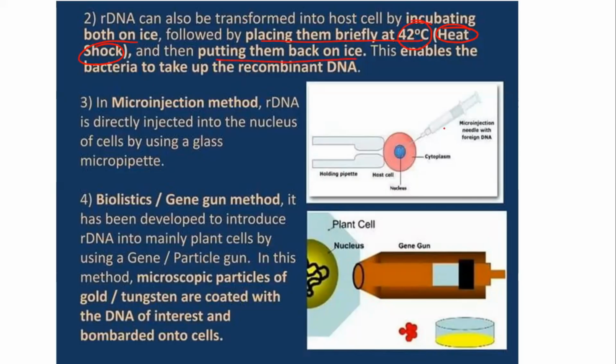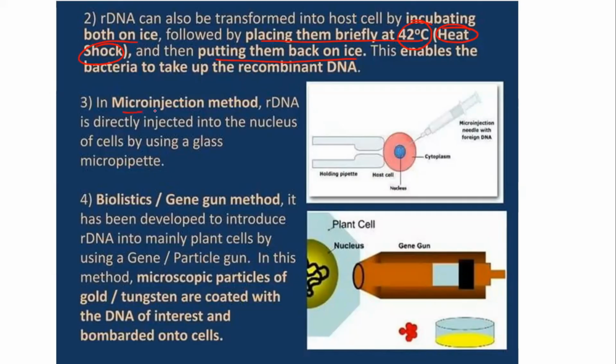It is like a shock, right? They were in an incubated period at a cold temperature. Suddenly they got transferred to a hot temperature and then again back to cold. This enables the bacteria to take up the recombinant DNA. That is the second method.